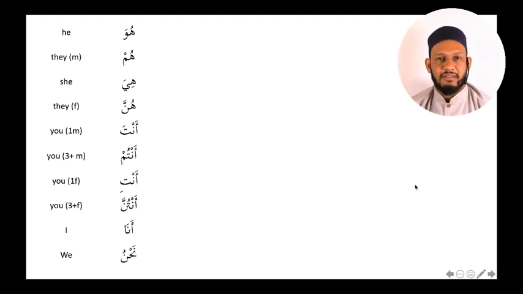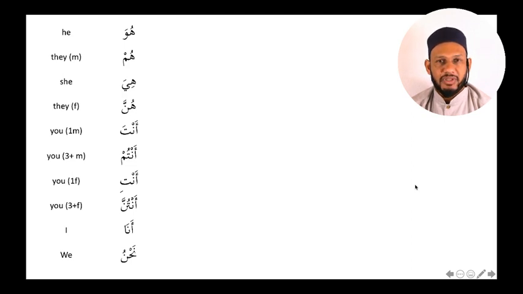Now, anti means you, one female. Antunna, you, 3 plus females. Let's say those last four. Anta, antum, anti, antunna. Again. With translation.